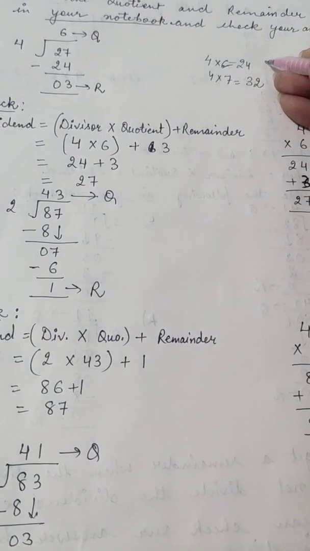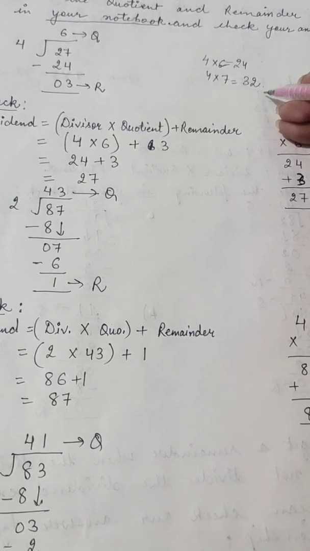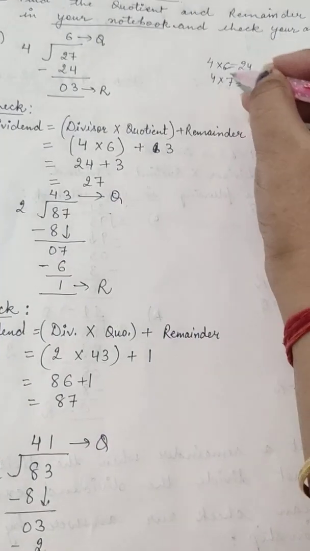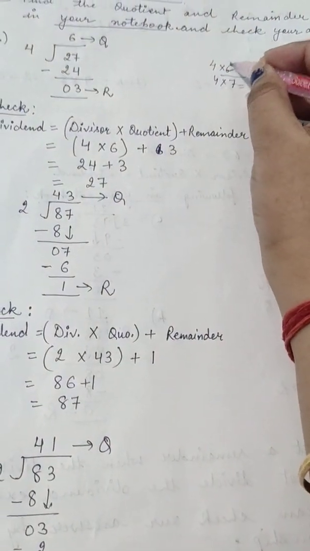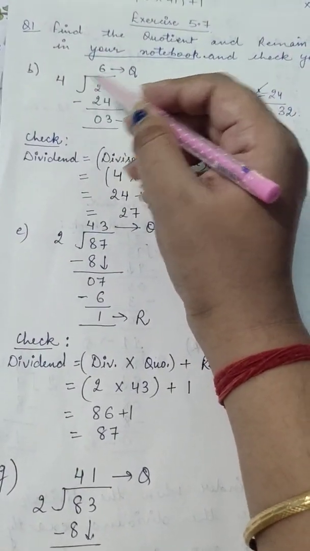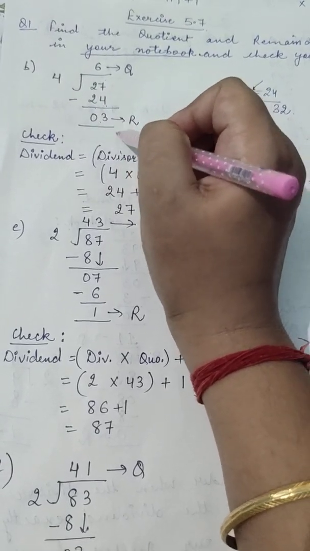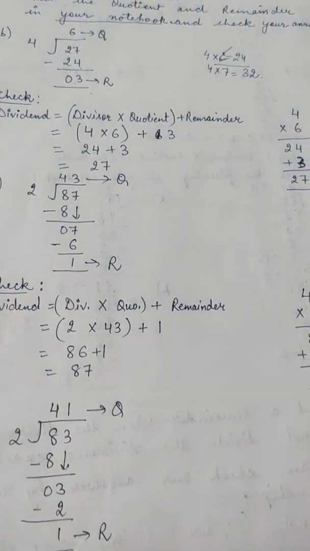So 24 is less than 27 and 32 is greater than 27. So we will consider the smaller one, that is 4 6s are 24. So here we will write 6 and 24 here, and after subtracting we will get the remainder 3.